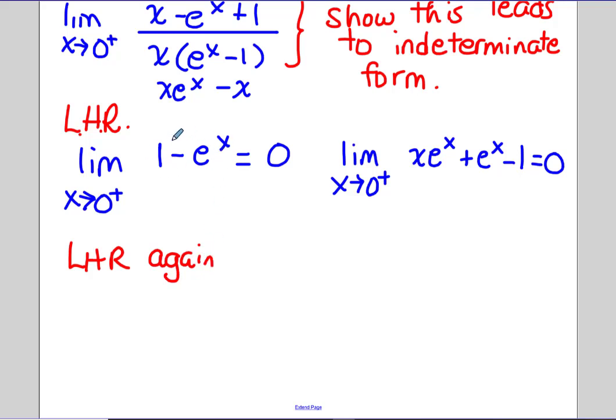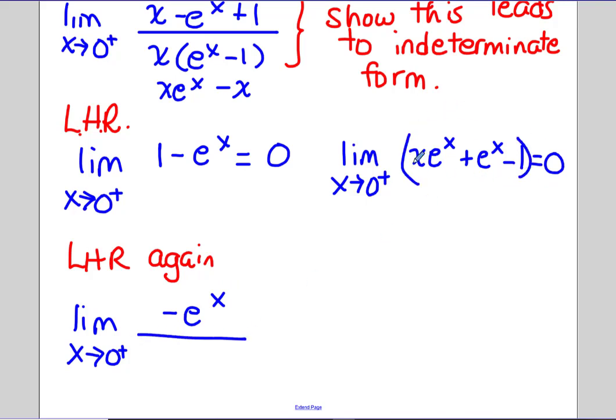And this was the derivative of the numerator, so we want to apply the derivative of this derivative, which is negative e to the x, and then this was the derivative, so we want to take the derivative of this. That's first times derivative of the second plus the second times derivative of the first, which is 1, and then the derivative of e to the x, so that's going to give us 2 of those, and then substitute 0.